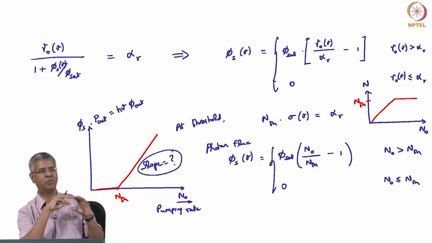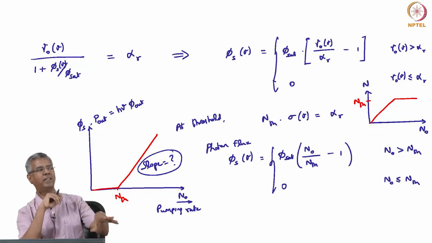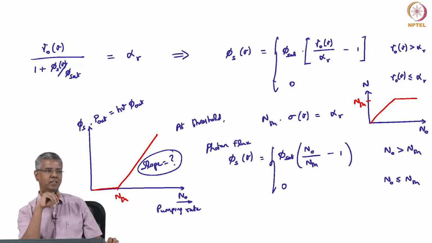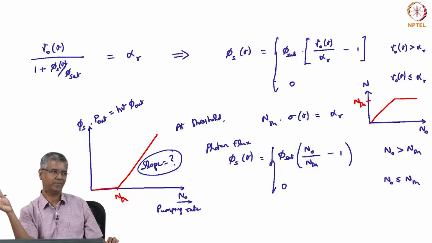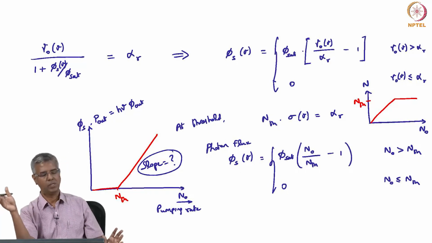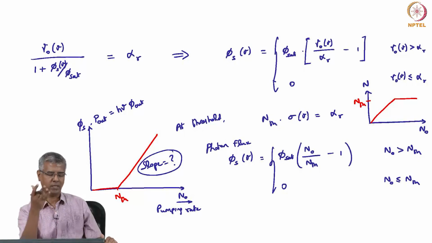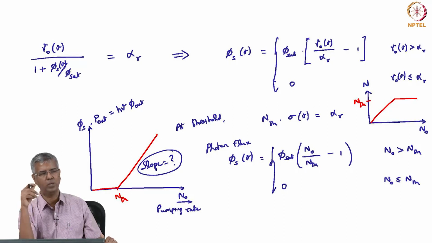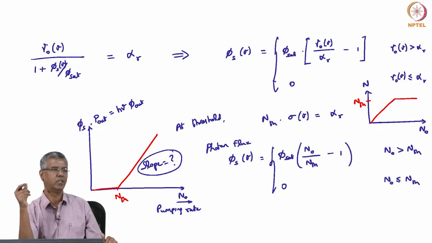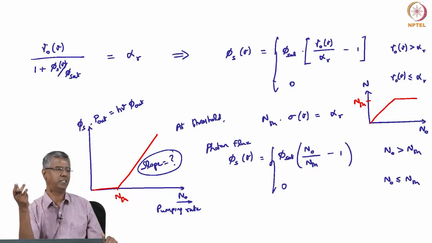When you look at an eagle's eye view of this entire thing, you are wondering how much electrical energy I am spending, how much optical energy I am getting. In this case, you can think of it in terms of power. So, how much electrical power I am consuming and how much optical power I am getting. That optical power over the electrical power is called the wall plug efficiency. So, you want lasers to have a very high wall plug efficiency.